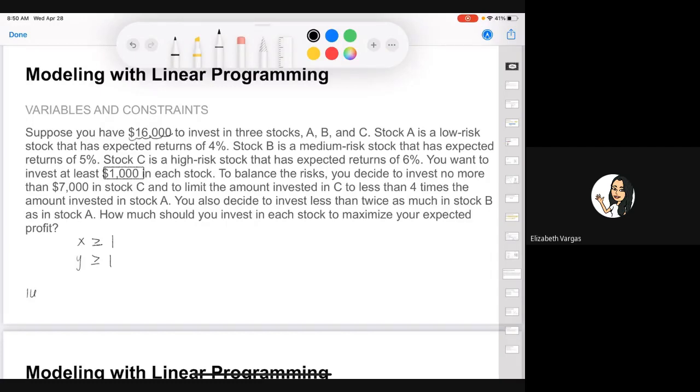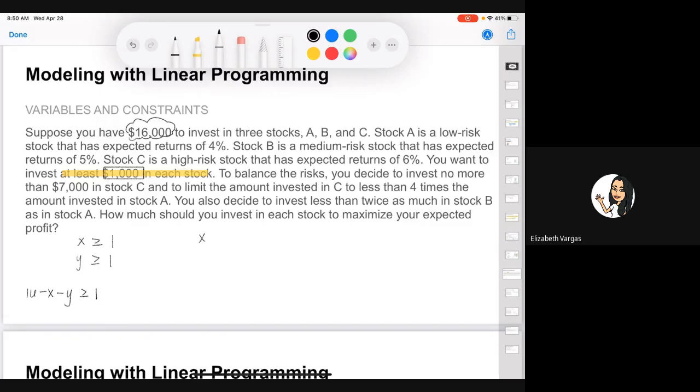You have $16,000 to invest, minus how much you invested in stock A and how much you invested in stock B. But it will also be, of course, greater than 1,000 because you want to invest at minimum 1,000 in each stock. Okay?